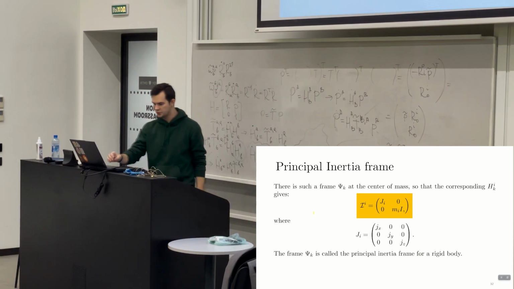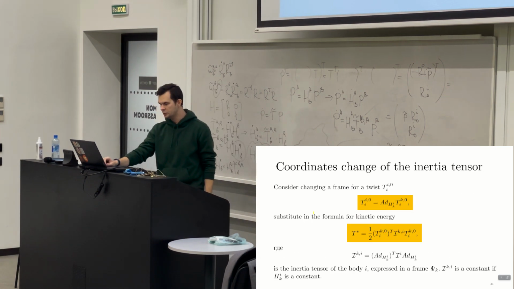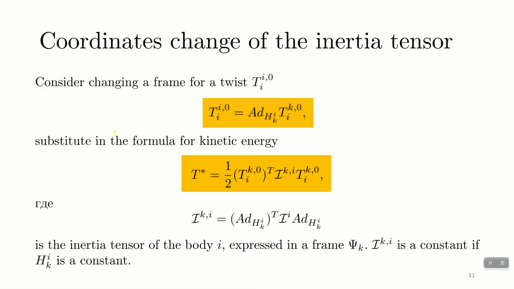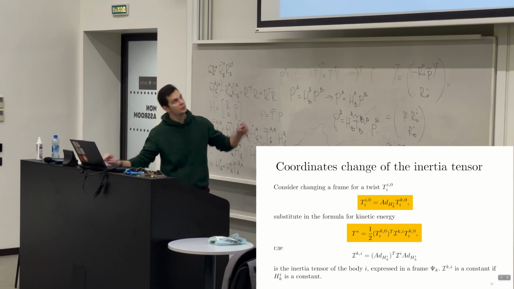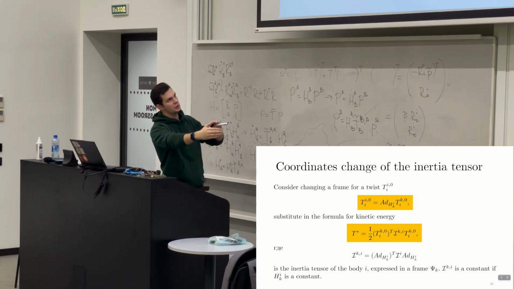So this is the inertia, and if we understand our inertia, we can compute the kinetic energy very easily. 1/2 twist, tensor of inertia, times twist. So twist transpose, inertia, twist.